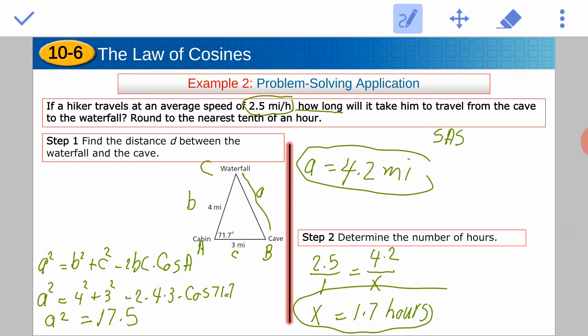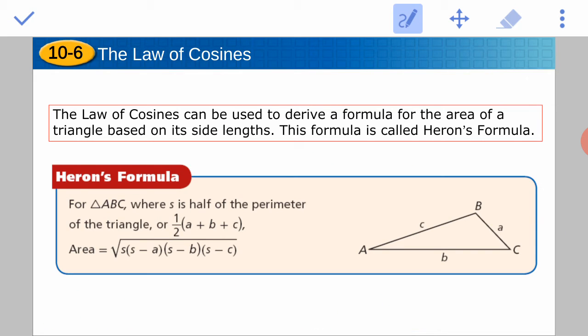Pretty nice word problem. In section 10-5, guys, you studied how to find the area of a non-right triangle using the formula. Do you remember the formula that uses the sine? Yeah, area of a triangle equals half times the product of any two sides times sine of the included angle between them, and it uses the information SAS.